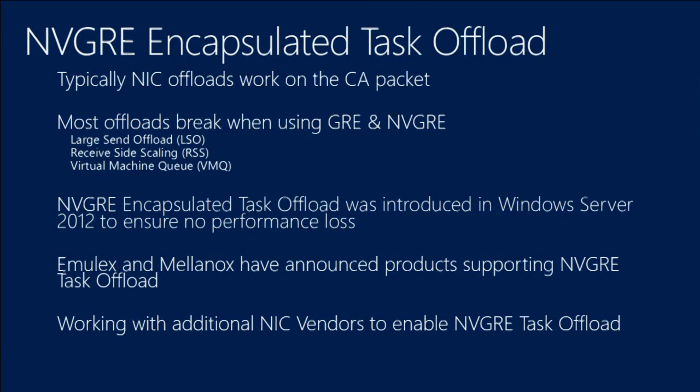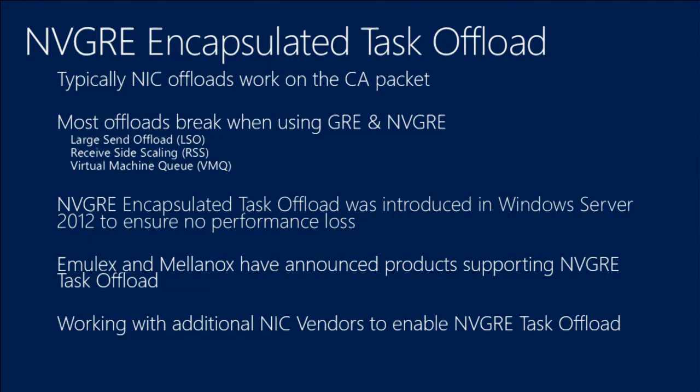So one thing, remember we talked about using NVGRE to encapsulate the packet, right? One question we commonly hear from customers is, what's the performance hit? In terms of the encap and decap, we don't take a big performance hit because it doesn't take a lot of CPU cycles. What you lose is the offload capability.